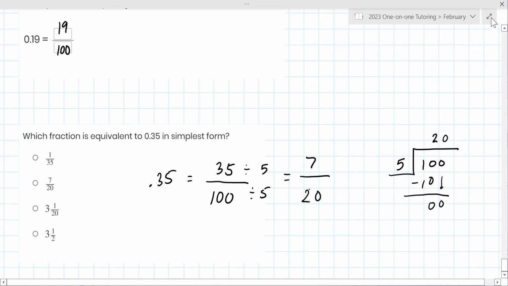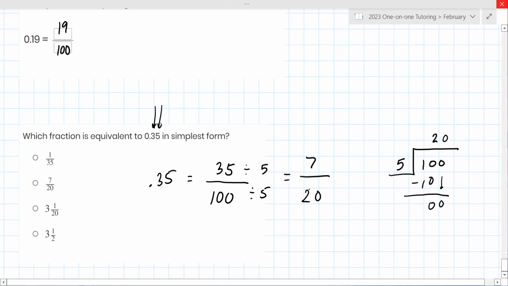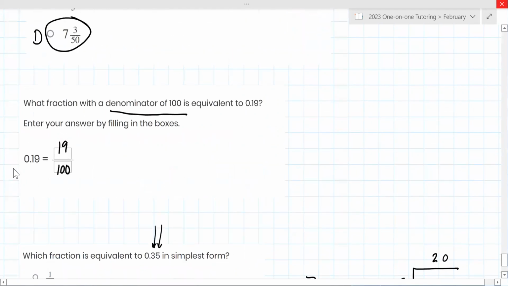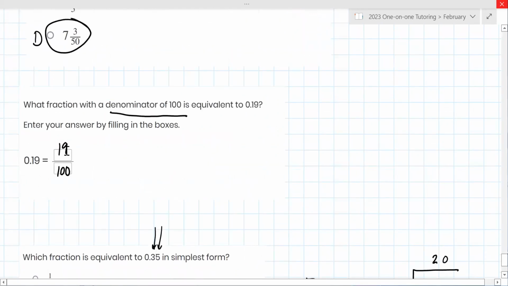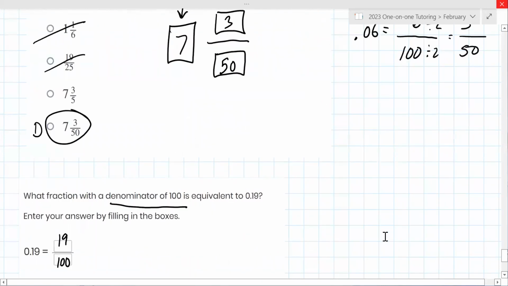Any questions on that? Yeah, so the entire thing that we're doing is going to be over 100 when there are 2 decimal places. See how in this problem there are 2 decimal places? That's why it's 100.